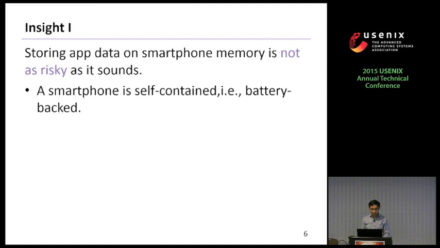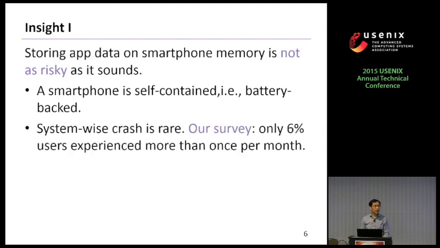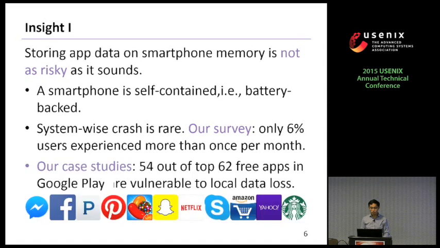The second reason is the software is also quite reliable nowadays because it's relatively simple on smartphones. According to our online survey of over 100 smartphone users, only 60% of users can recall an OS crash within the past months. The third reason is that most apps are robust because they are networked.